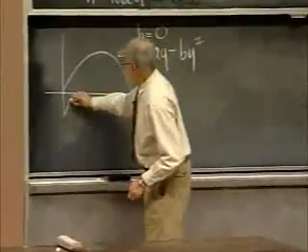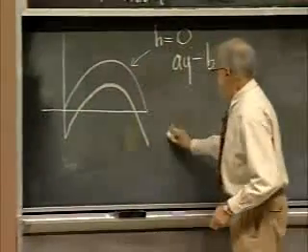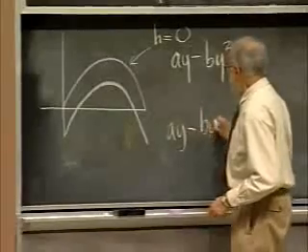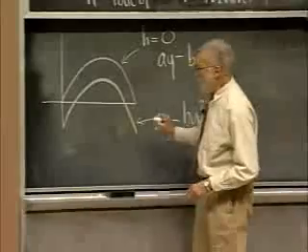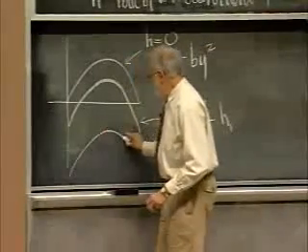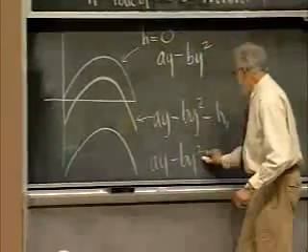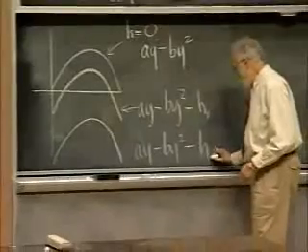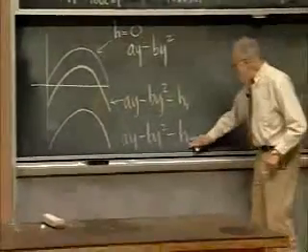So for example, if I lower it somewhat, it will come to here. So this is some value, ay minus by squared minus h1, let's say. That's this curve. If I lower it a lot, it'll look like this: ay minus by squared minus h2, a lot.